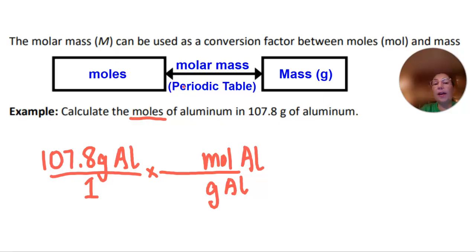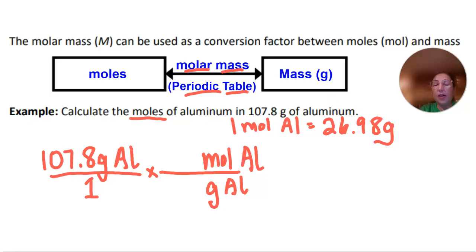So we need a conversion factor between moles and grams of aluminum. And I'm going to find that by finding the molar mass of aluminum on the periodic table. So take a second, find aluminum on your periodic table. When you find it, you'll find the mass of 1 mole of aluminum, and you should get 26.98 grams. So for every 1 mole of aluminum, there are 26.98 grams of aluminum.